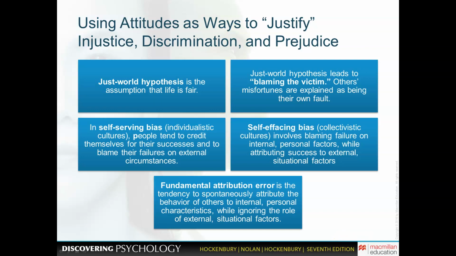Okay, and finally here we're going to take a look at fundamental attribution error. That's the tendency to spontaneously attribute the behaviors of others to internal personal characteristics while ignoring or underestimating the role of situational factors. It might sound familiar; we did talk a little bit about that earlier.